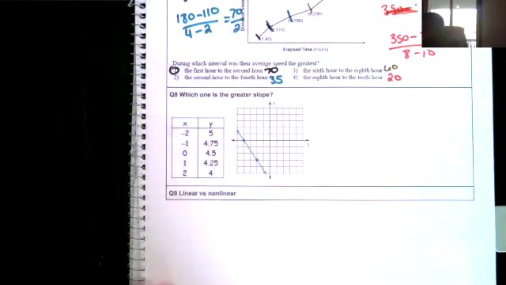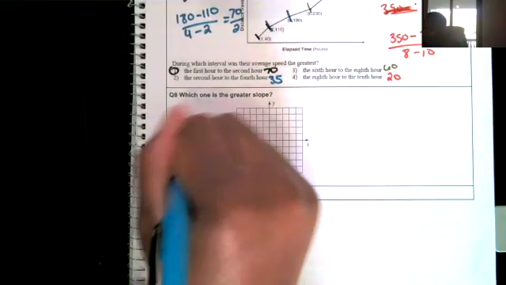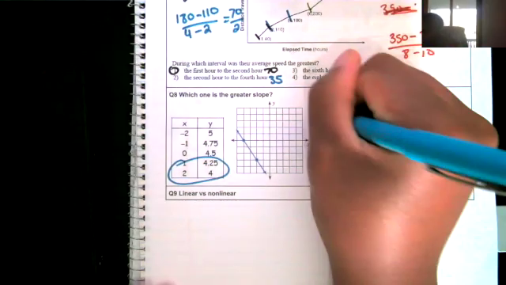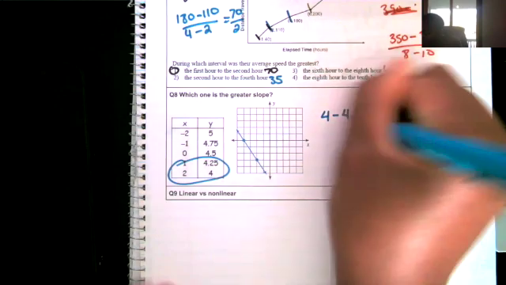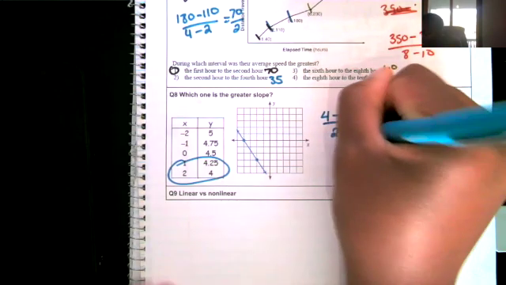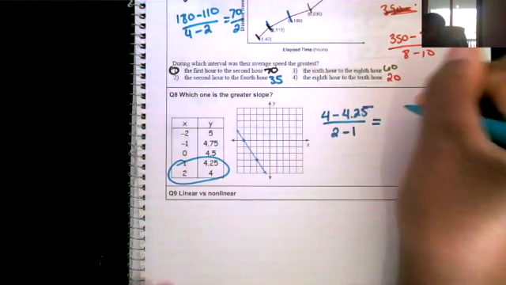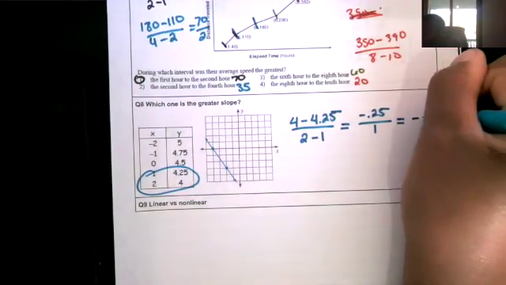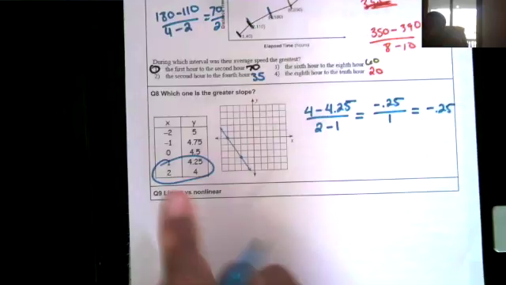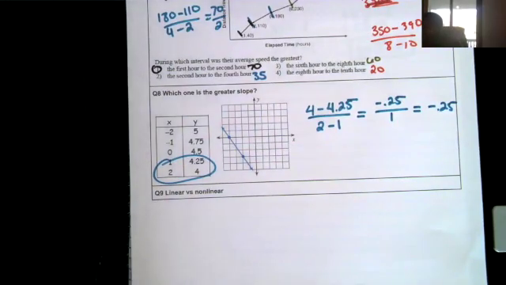I'm going to use the last 2, these 2. So we have 4 minus 4.25 over 2 minus 1. On top, negative 0.25 divided by 1, which is negative 0.25. So that's the slope of the table.